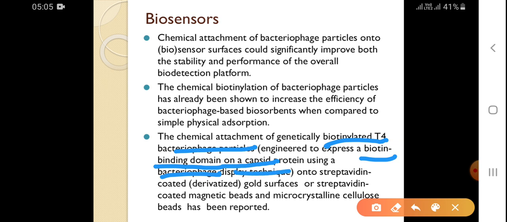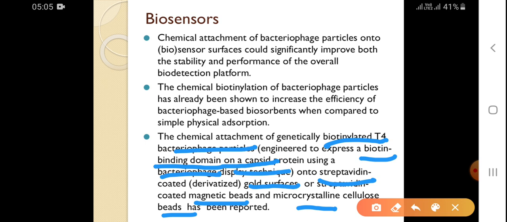Now they can bind to streptavidin, always binding of biotin and streptavidin. We know biotin always binds with avidin with a higher affinity. So you have a gold surface which is derivatized with streptavidin, or streptavidin coated magnetic beads, or microcrystalline cellulose beads. Any one of these three surfaces has been reported.